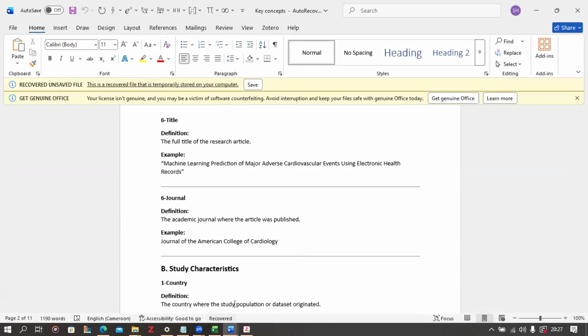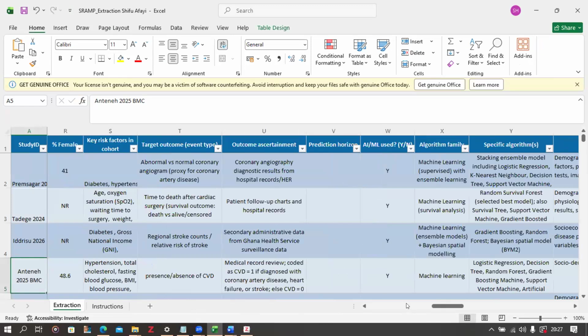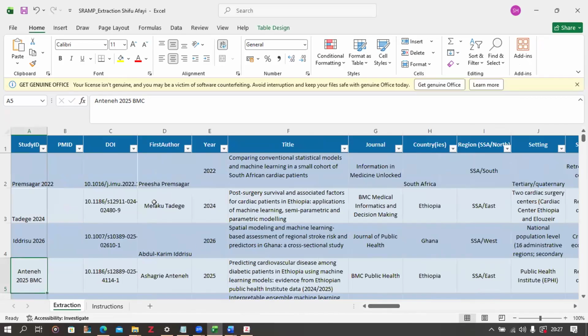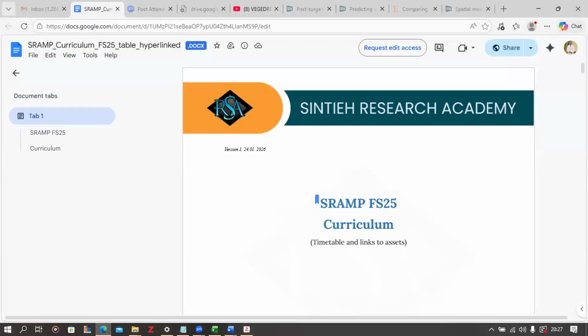Now, coming to the studies per se, the first study that I extracted was comparing conventional statistical models and machine learning. I used the Word document to directly apply what we did last class.